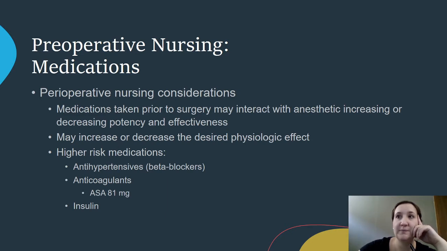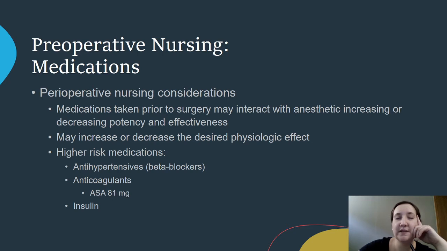this med rec. Your higher risk medications include antihypertensives, so beta blockers. So again, this doesn't fall back on the surgeon, this falls back on the anesthesiologist as to whether or not we're going to administer a medication that's going to effectively lower the heart rate prior to surgery. Anticoagulants like aspirin are usually held 7 to 10 days preoperative, and then insulin.